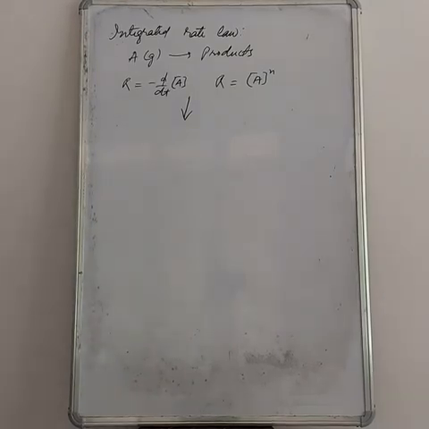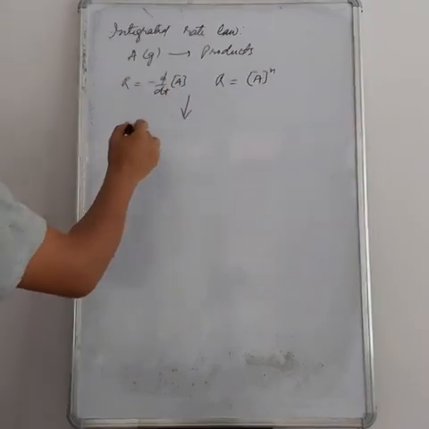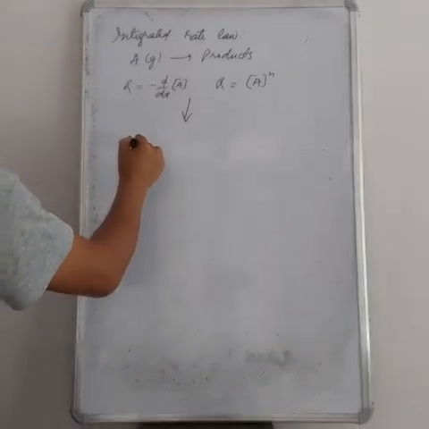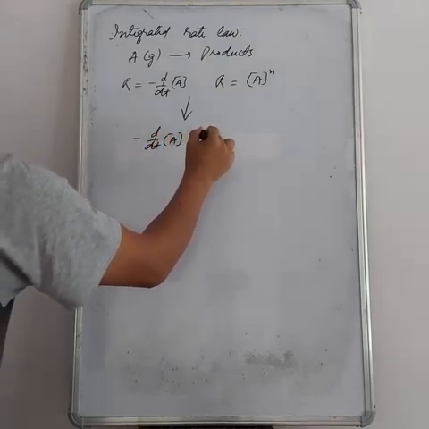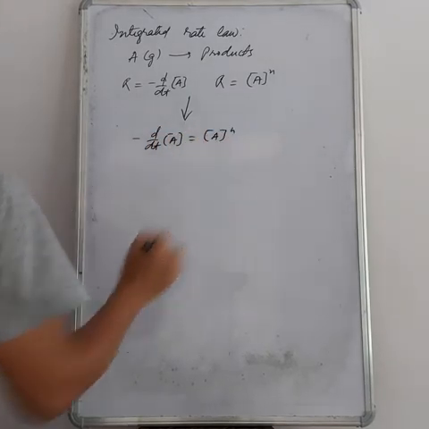So every reaction order has a unique integrated rate law expression. Therefore, since both are equal to the rate of the reaction, we can equate this as negative d[A]/dt is equal to k[A] raised to the power n.